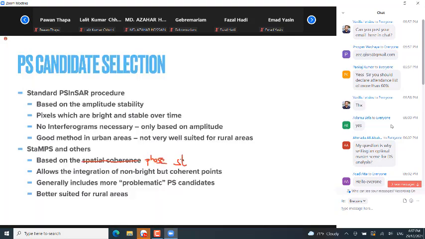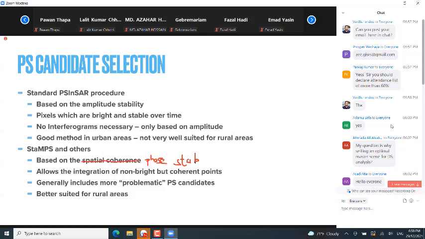All right, we're looking at phase stability, which is more difficult to do than amplitude stability. But at the end, we're interested in that, and if we do that, we can find points that are not so bright, that have not so strong reflection, but that are coherent, that are phase stable over time.